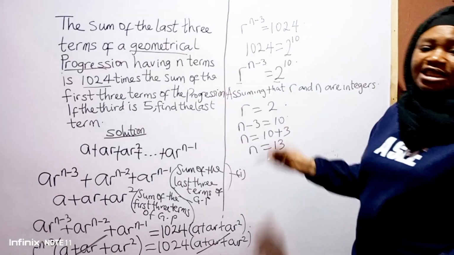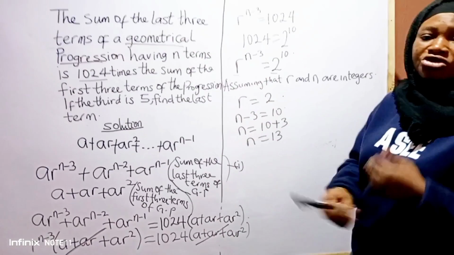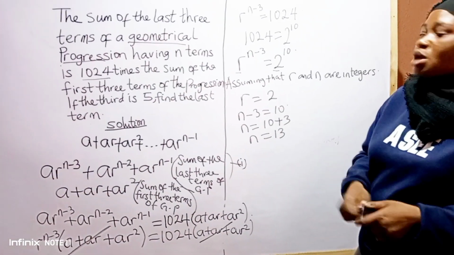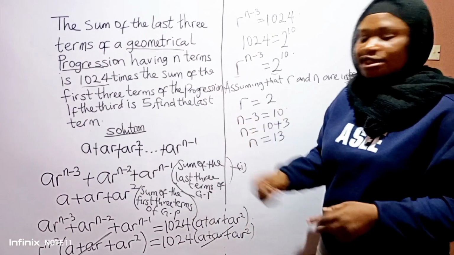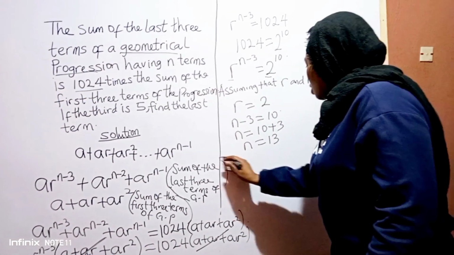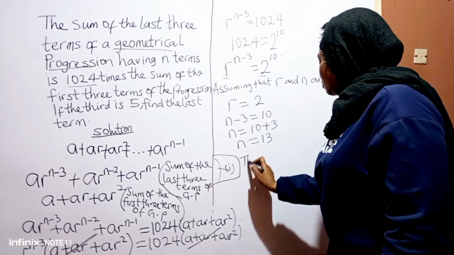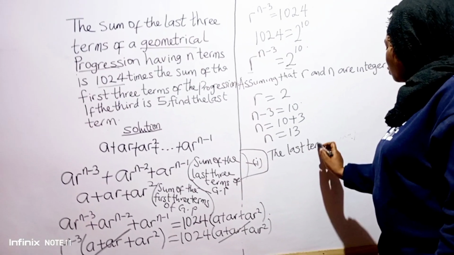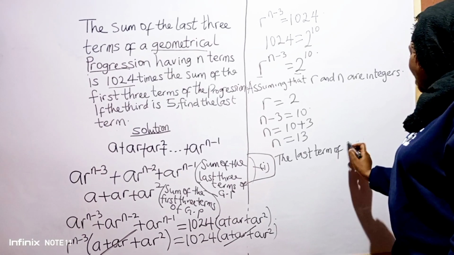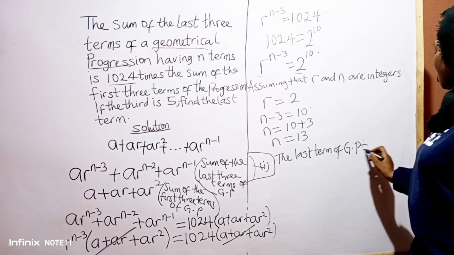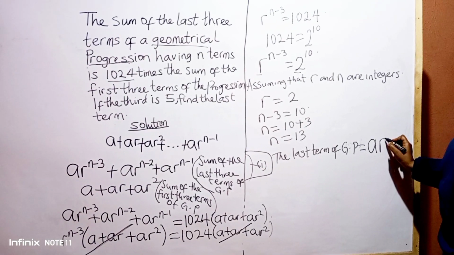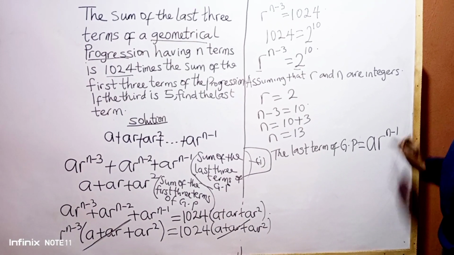So we have 13 terms in this geometric progression, and the common ratio is equal to 2. And we are asked to find the last term. So the last term of the GP, or the nth term, is equal to a multiplied by r raised to the power n minus 1.